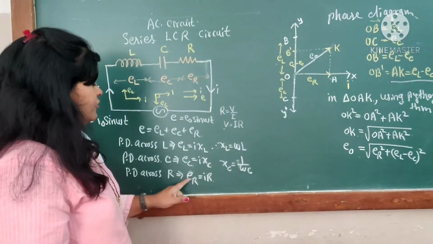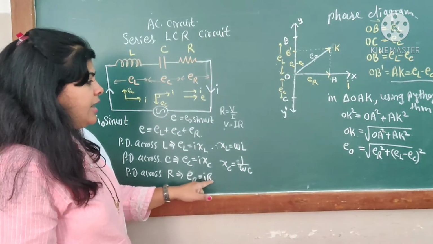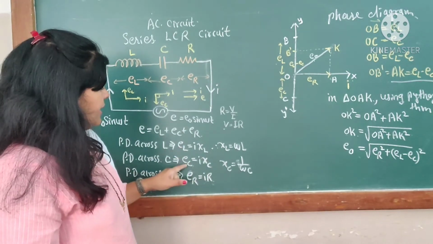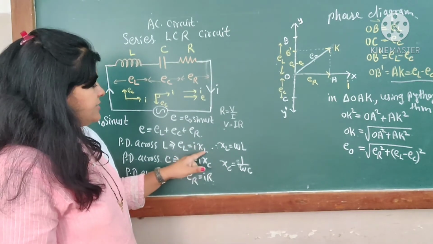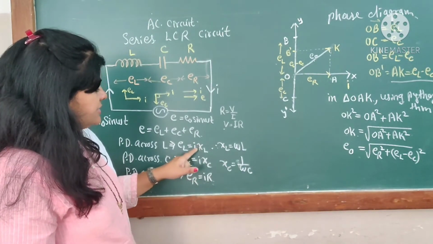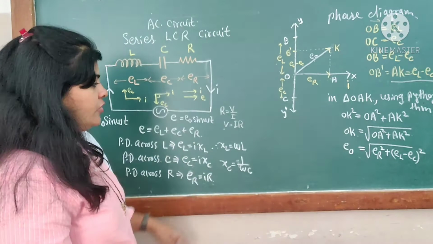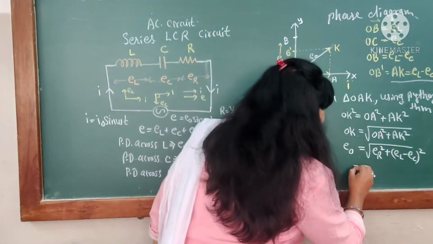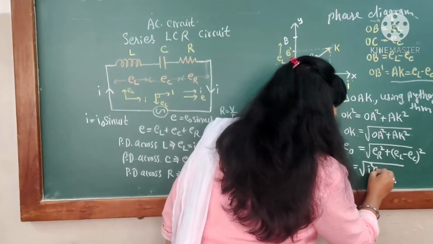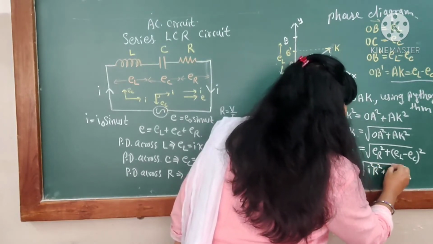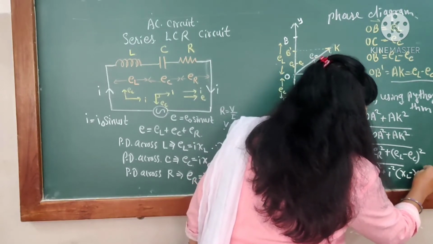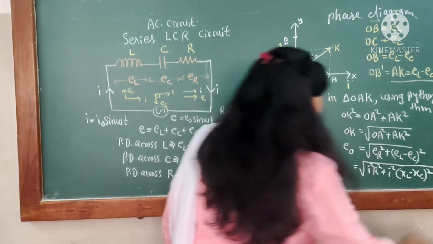Now we substitute the value of ER. ER is IR, so I square R square, and EL and EC mean I XL and I XC. If I substitute and take the square, ER means R square plus I square into (XL minus XC) squared.